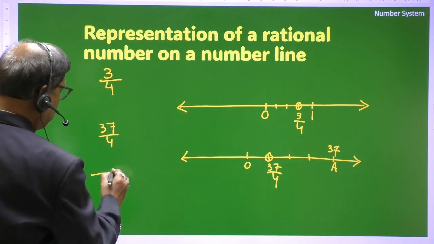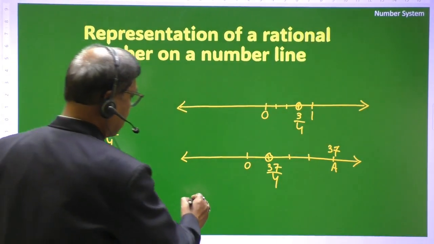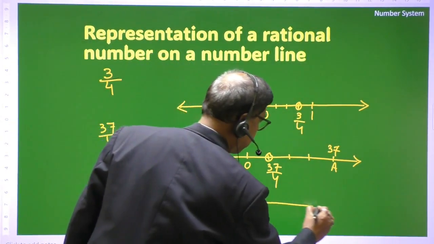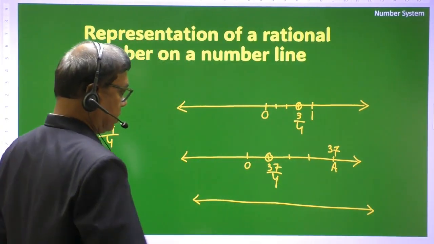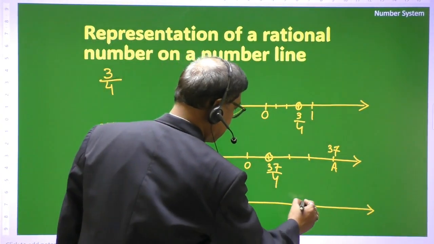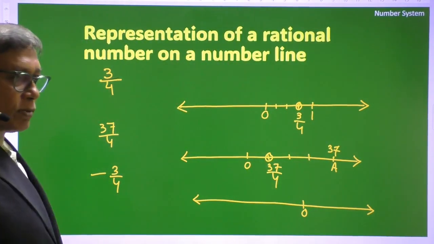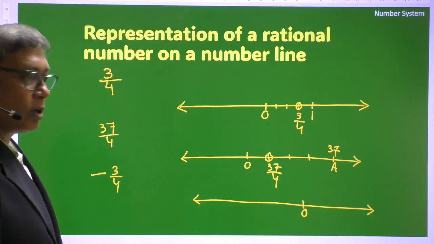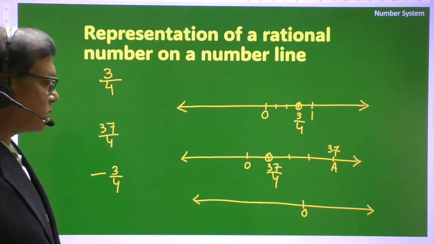Now I am taking one negative number. Suppose minus 3 by 4. Minus 3 by 4, I will represent on a number line. Again I am drawing one number line. I am marking this point as origin. Now minus 3 by 4. So this value will be in between 0 and minus 1. Yes or no?